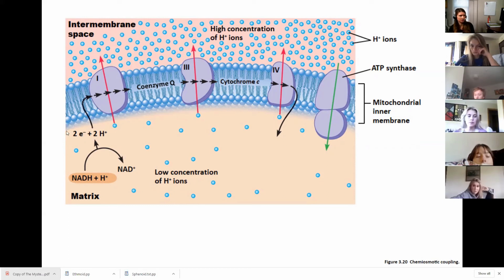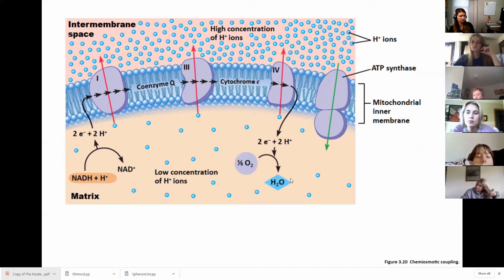So we're using this redox reaction to take those electrons off the NADH, use it to power the increase in this hydrogen ion gradient. And so as we move down the chain, we continue to do that until we get to our final part of the electron transport chain, where those electrons bind on with a couple hydrogen, and our final molecule accepting those electrons is oxygen.